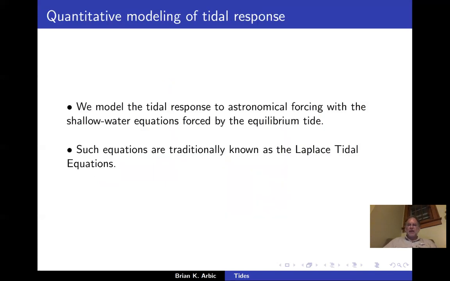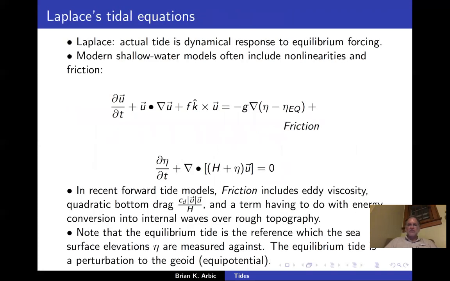So we model the tidal response to astronomical forcing with the shallow water equations forced by the equilibrium tide. These equations are traditionally known as the Laplace tidal equations. Newton came up with the concept of the equilibrium tide, which we defined earlier, and Laplace further refined that into the tidal species we talked about: semidiurnal, diurnal, and long period.